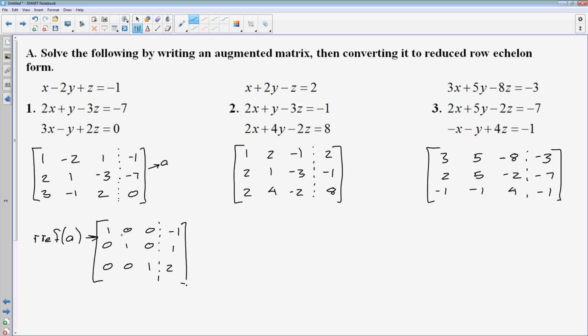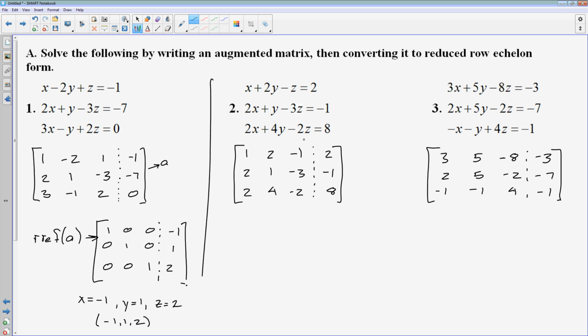I want you to show me that you understand that this means that the value of x that satisfies this system of equations is -1, and that's what the top number tells you. The second one, y is equal to 1, and then here I have 1z equals 2. Or you could write that as an ordered triple, -1, 1, 2. So that will be our answer for number 1.